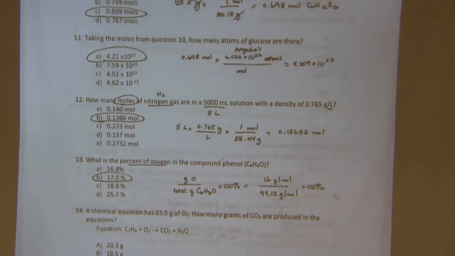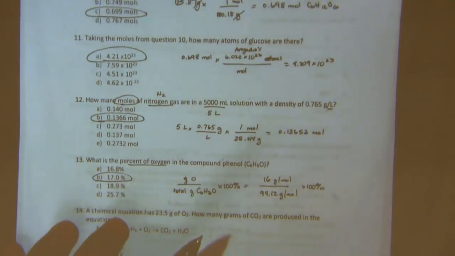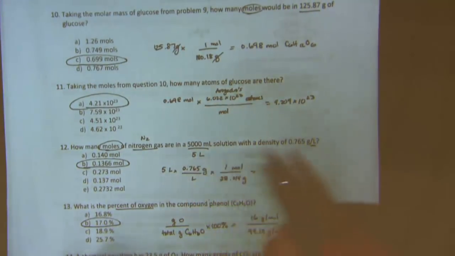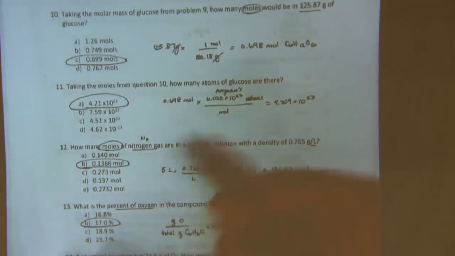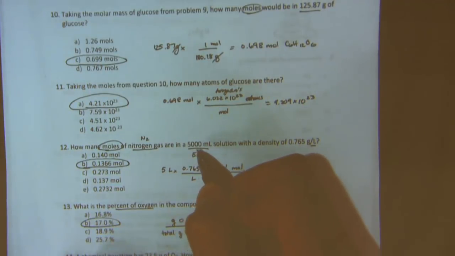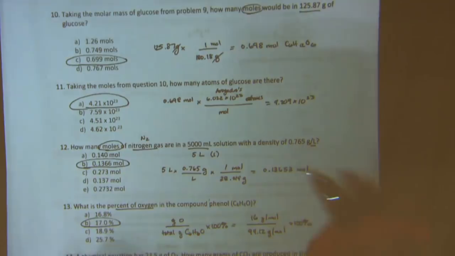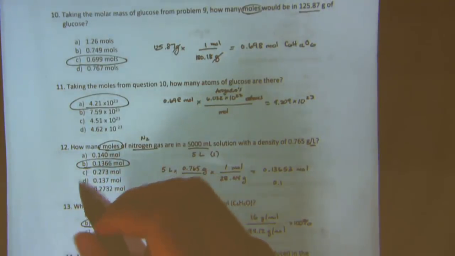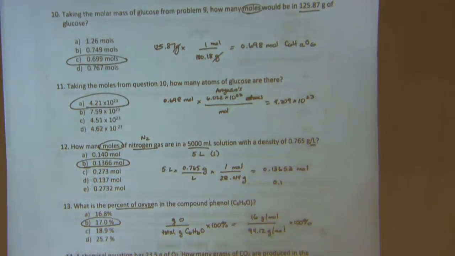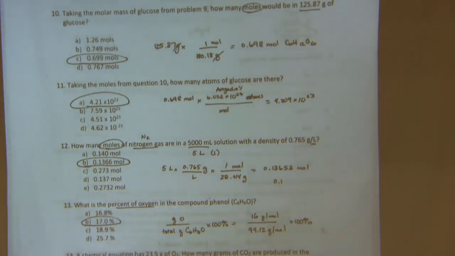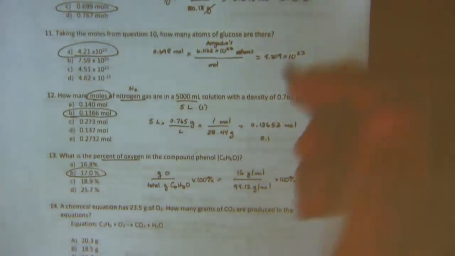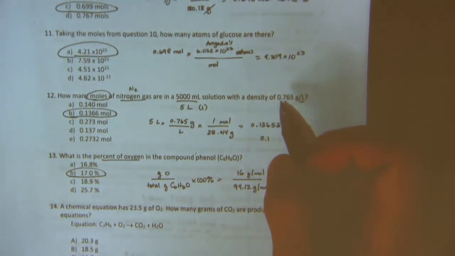Right, so good question. So for number 12, because of sig figs, the maximum amount of sig figs that we should have is 1, right? So this would be rounded down to something like 0.1, but based on the options that I gave, that was their answer. But right, so this is density.